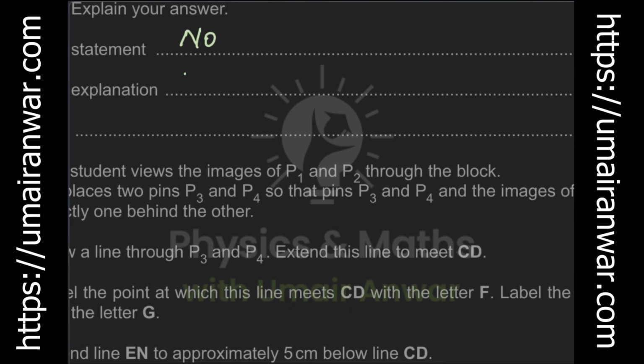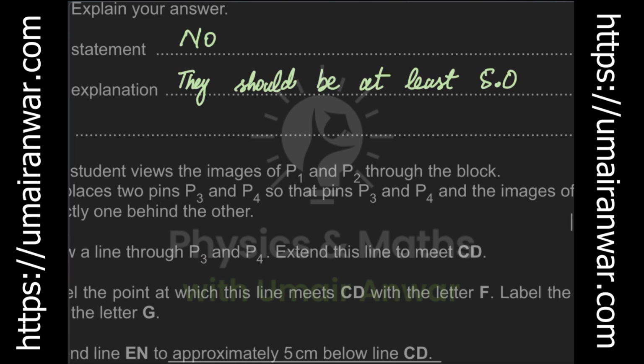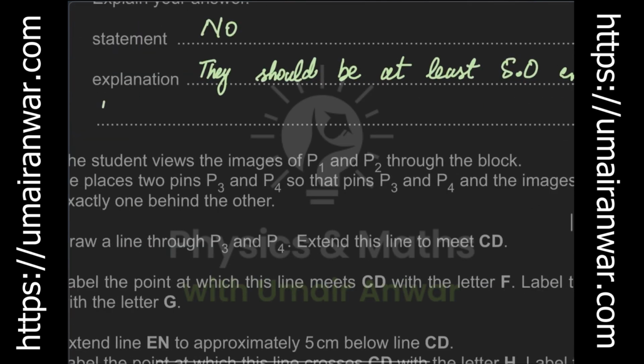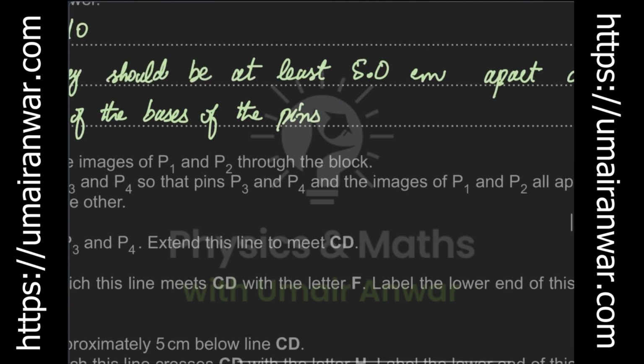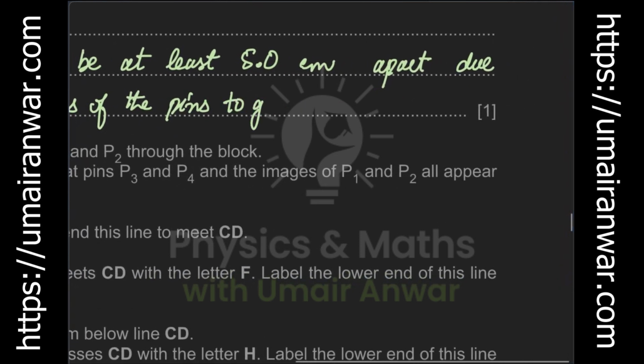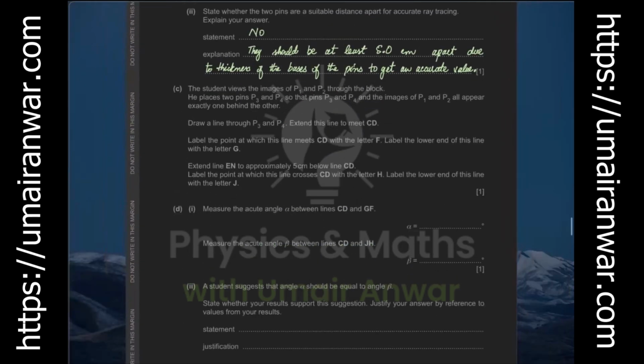So they should be at least 5.0 centimeters apart due to the thickness of the bases of the pins, because there is a thickness of the base of the pin involved. So the distance should be larger to get an accurate value for this experiment. Okay, so this was a 1 mark answer.